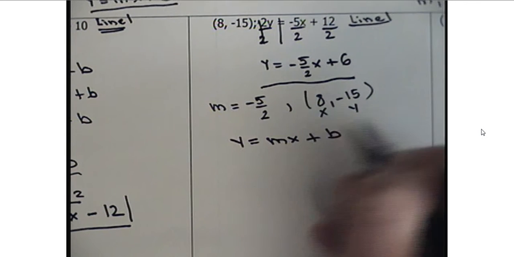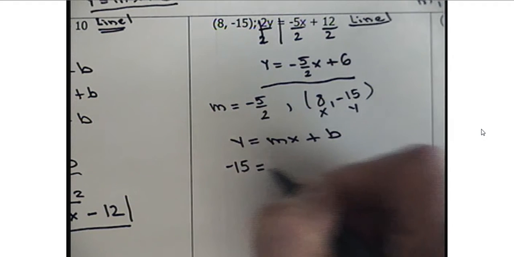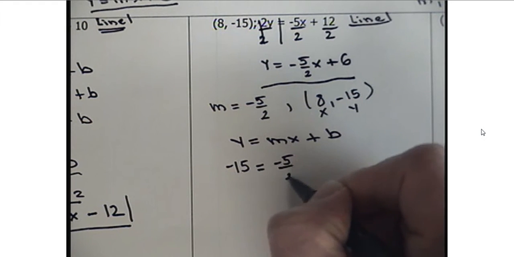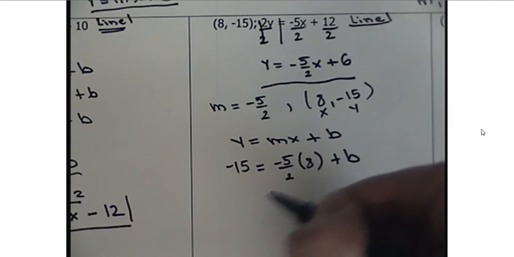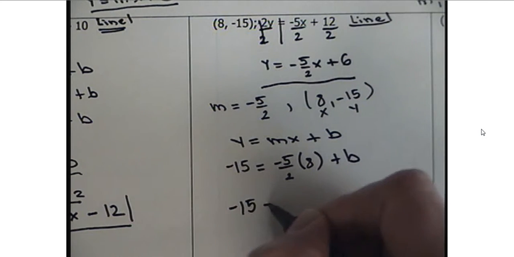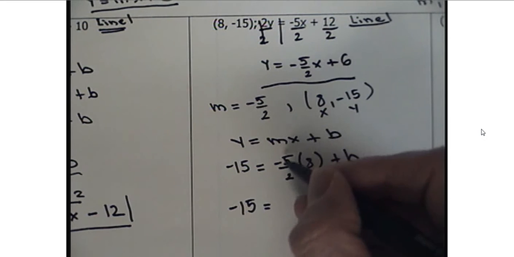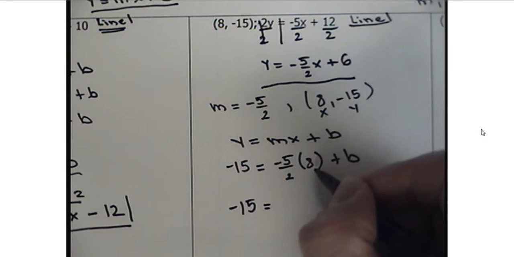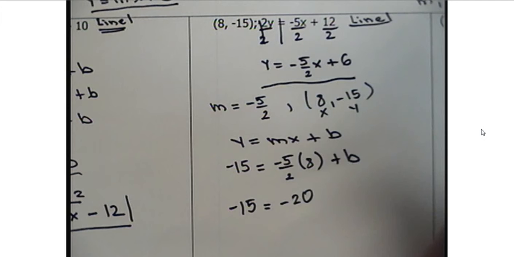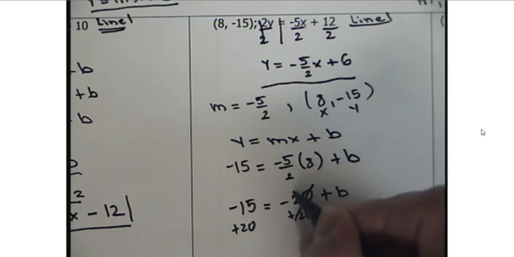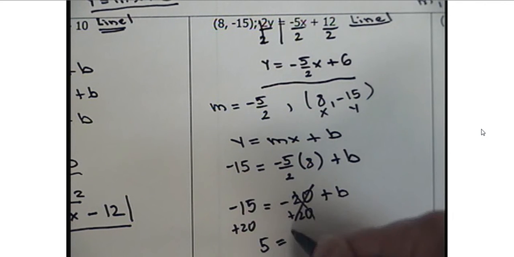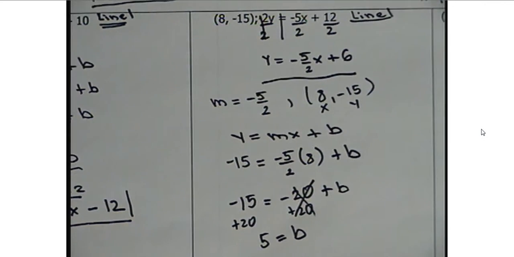So y is negative 15 equals m is negative 5 over 2, x is 8 plus b. So that will be negative 15 is equal to negative 5 over 2 times 8, which gives you negative 20 plus b. Then I will just add 20 to each side. Those two cancel, so 5 equals b. I have b, 5, calculated.